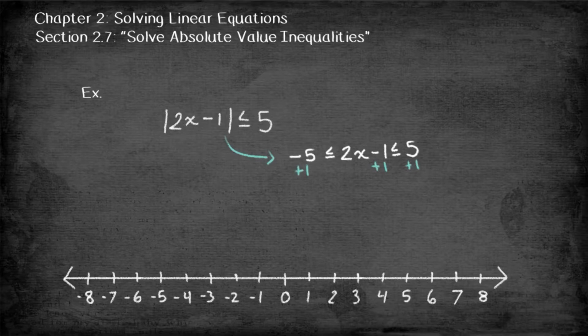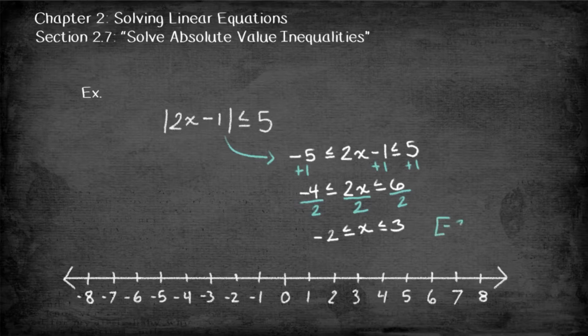So we have to do the same operation to all 3 parts. And same goes with dividing. And so we get that x has to be greater than or equal to negative 2, but less than or equal to 3. That is the interval negative 2 to 3 with square brackets on both endpoints. So here's that.